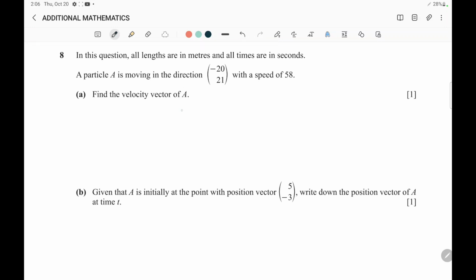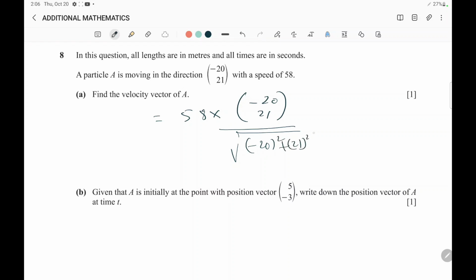Okay, so velocity vector of A would be 58 times the unit vector of direction, which is minus 20, 21, and minus 20 square plus 21 square, right? So how much, guys?